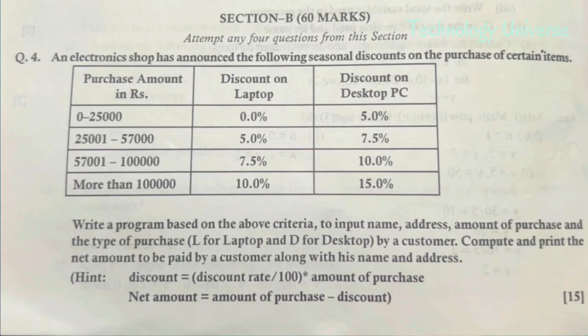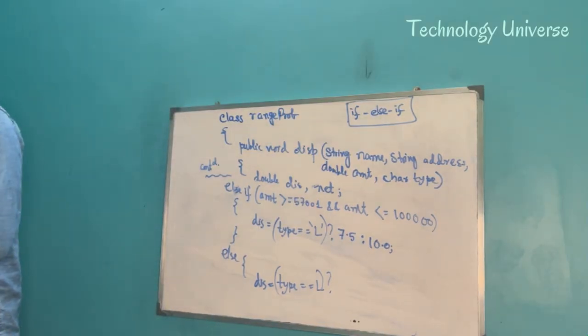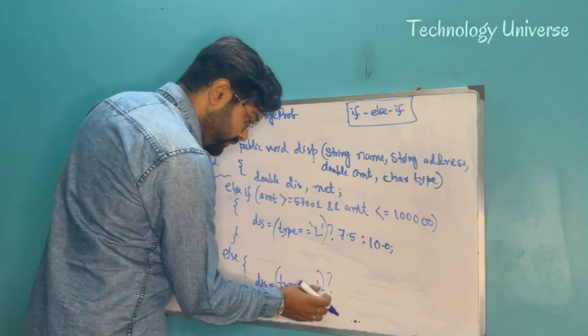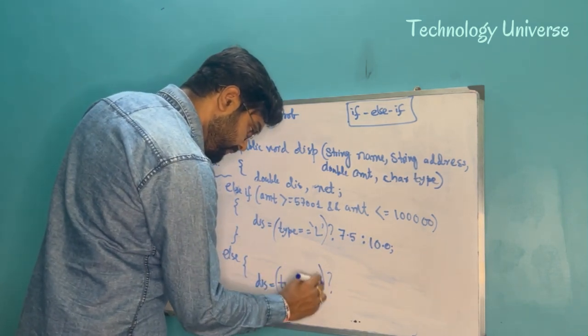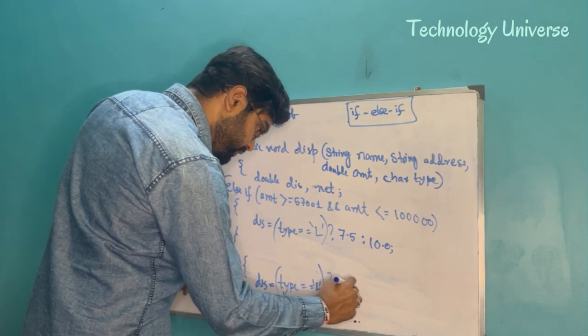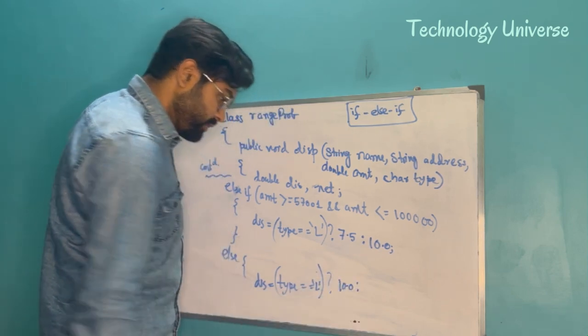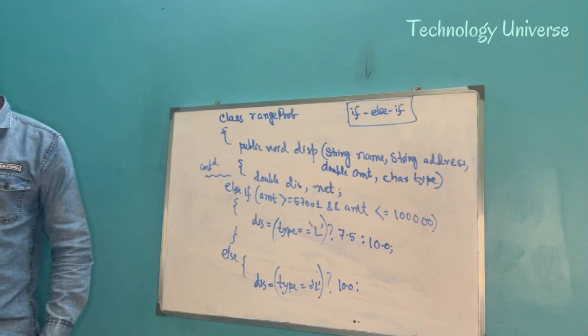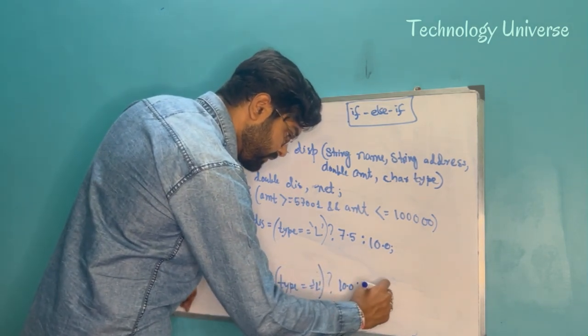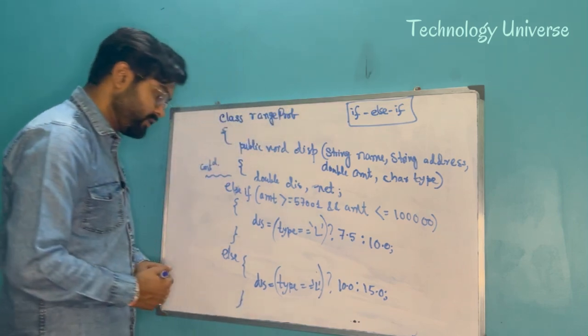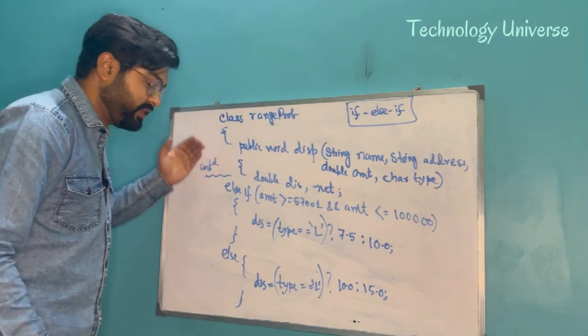If the type is laptop, then the percentage is 10%, so 10.0, and for the PC it is 15%, right? So 15.0. So here we are done with all the slabs, all the if statements.